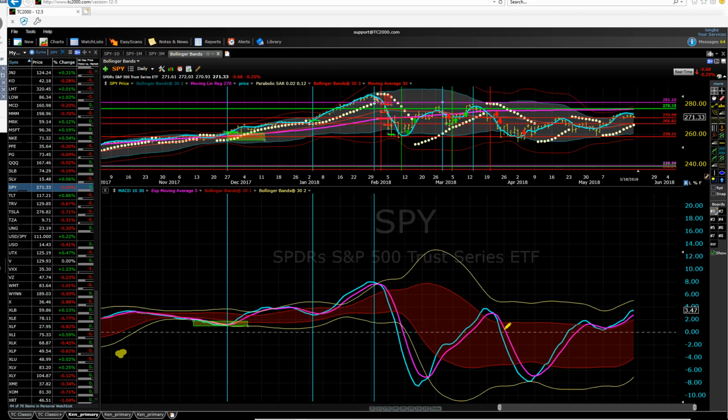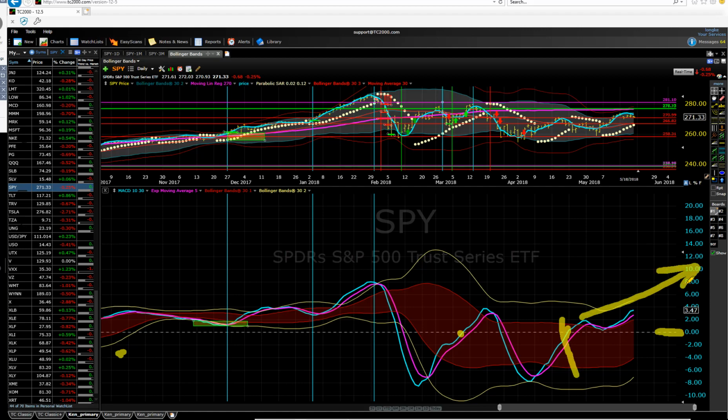Whenever the signal line is above the zero line, like it went above, it crossed over the zero line here, went over the zero line here, came down and almost tested it here, but then resumed up. So when it's above the zero line, from this point forward, I have a long side bias. When it crosses below the zero line here, I have a short side bias.